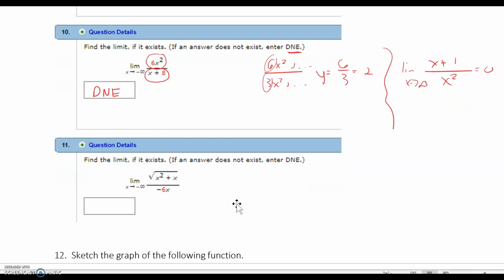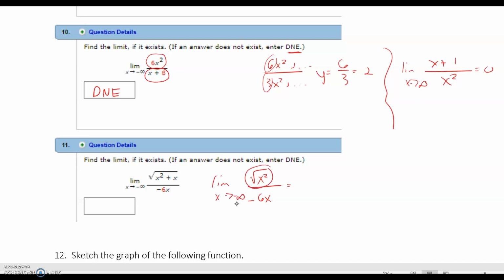Okay, this guy, so this is similar to the rational functions. It's not a rational function because that's not a polynomial. But at infinity, really, we just got this divided by this, right? That doesn't really matter. And then at negative infinity, I should say, what happens with that guy? Well, you square the negative number, then you square root it. So that's positive. And it's really just a positive x, right?